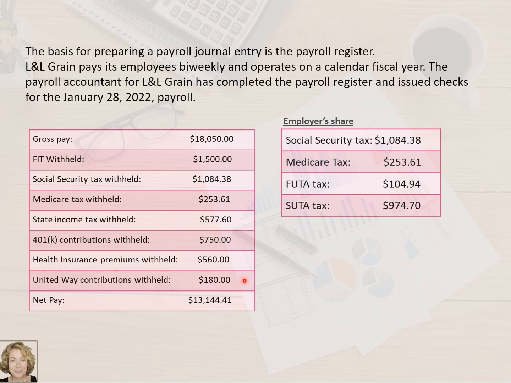In addition to that, we can see the net pay and the employer's share of taxes. So this is the information we need to record the payroll journal entry.